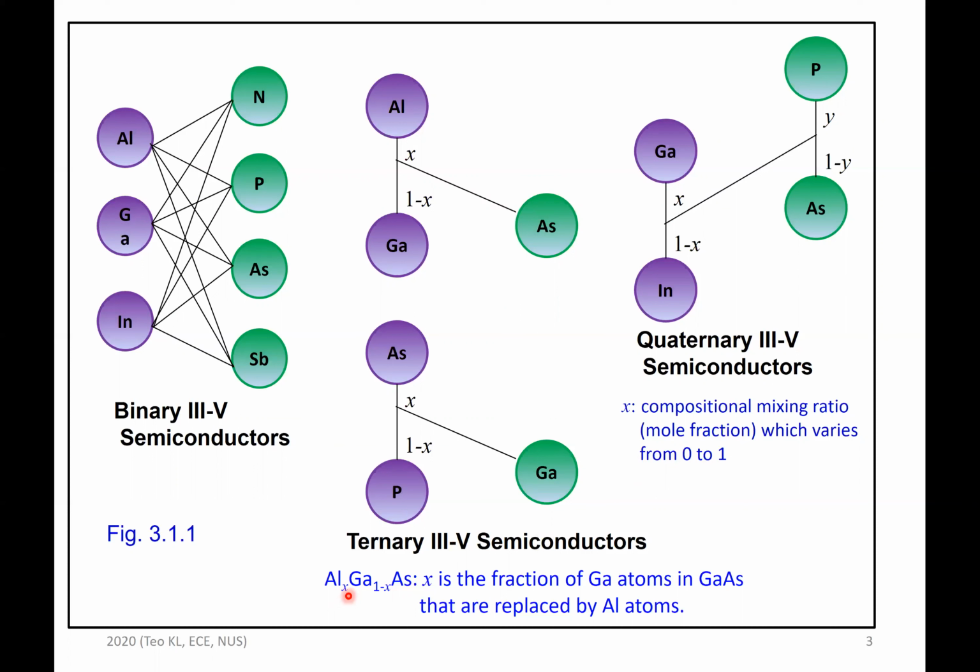So if x is 0, there's no aluminum, then 1 minus 0, you have only gallium arsenide as the compound semiconductor.